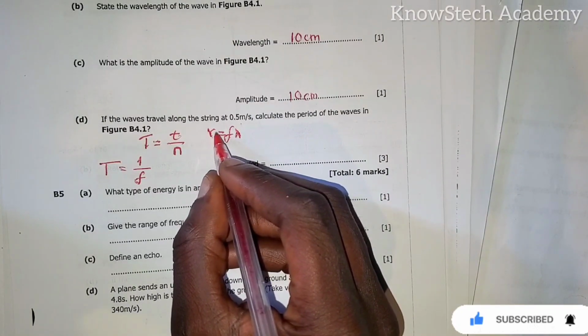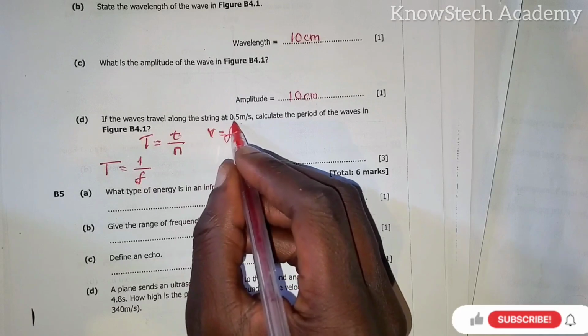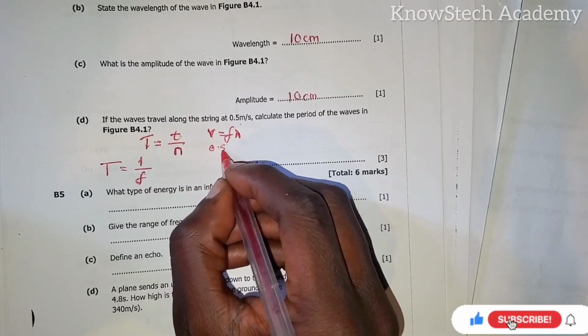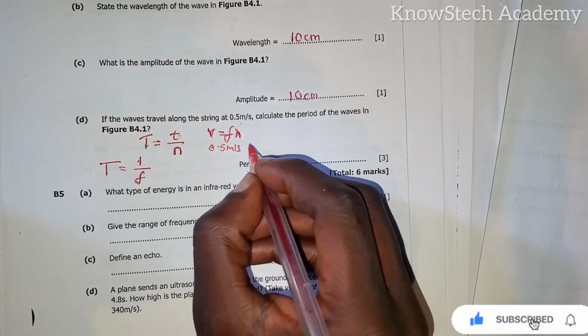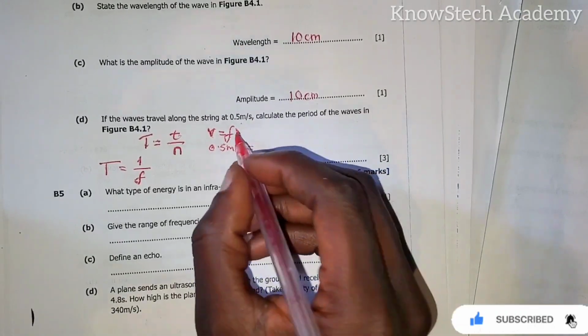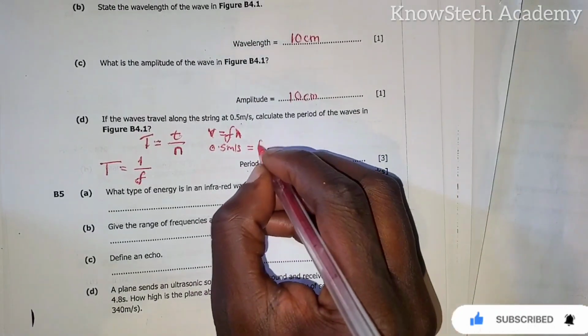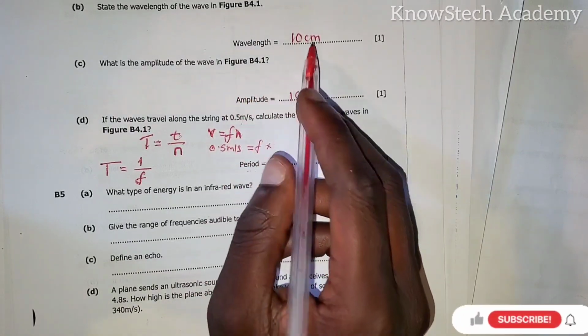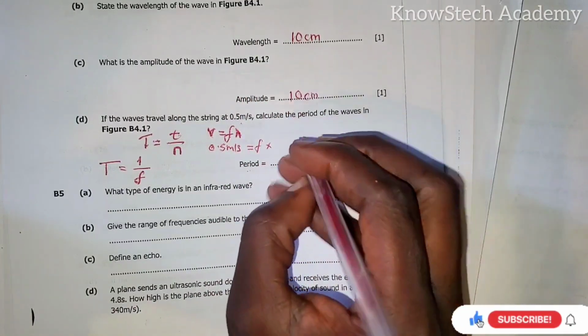Now, the velocity you are given here is 0.5 meters per what? Per second, is equal to frequency, which we don't know, but the wavelength is 10.